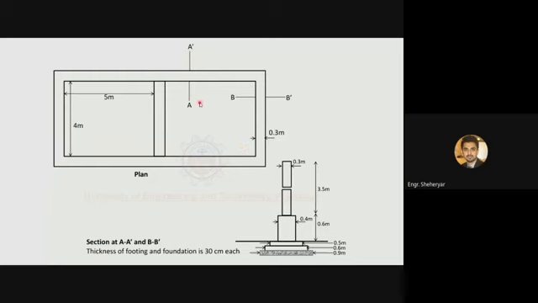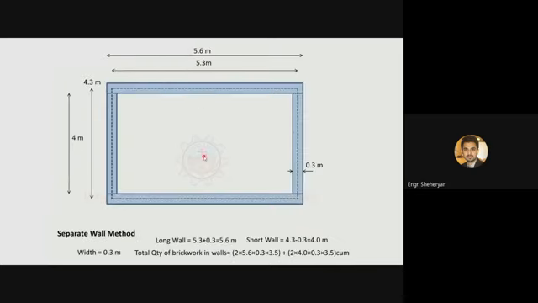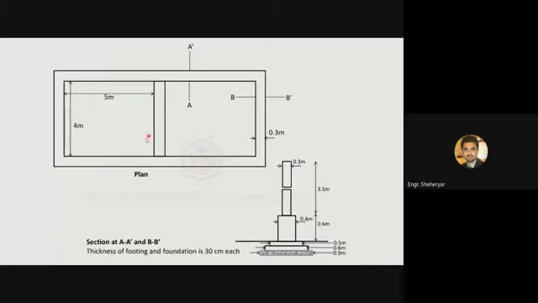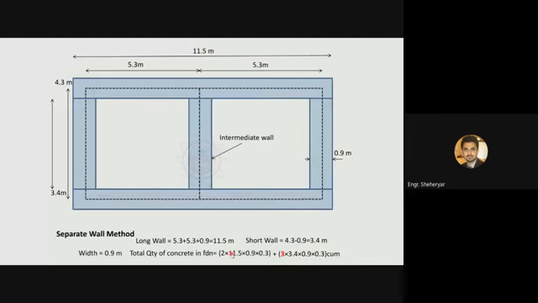The difference is that in the previous wall we multiplied the long walls by 2 and the short walls by 2, because there were 2 long walls and 2 short walls. But in this case there are 2 long walls, 1 and 2, but there are 3 short walls, 1, 2 and 3. So you'll multiply the volume of the short wall by 3 to get the volume of 3 short walls.